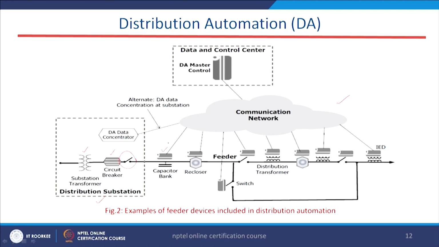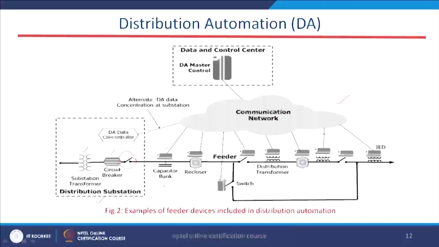The capacitor bank is used inside the distribution system to correct the power factor, and sometimes also to improve the voltage profile. The capacitor provides the leading current and injects reactive power into the circuit. That is why capacitor banks are very frequently used inside the distribution system. And we also have reclosers, and we have the distribution transformer.